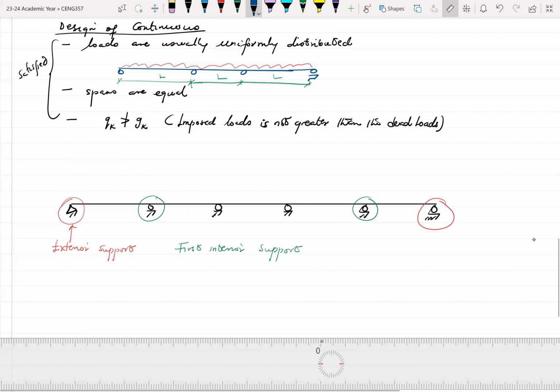Then we also have the interior supports. First interior supports are also interior supports, but because of where they are located, we differentiate them from the rest. All right. So why is this important?